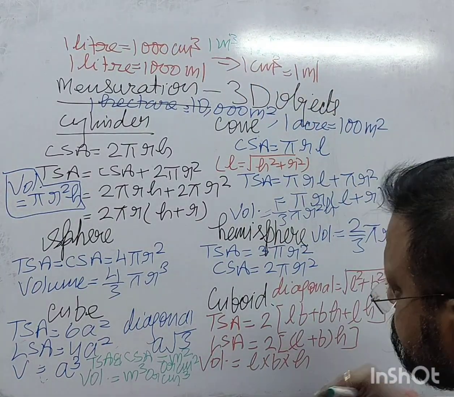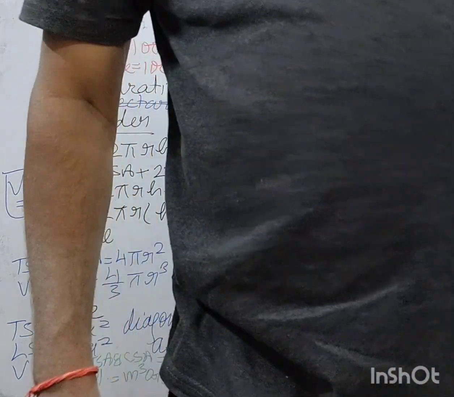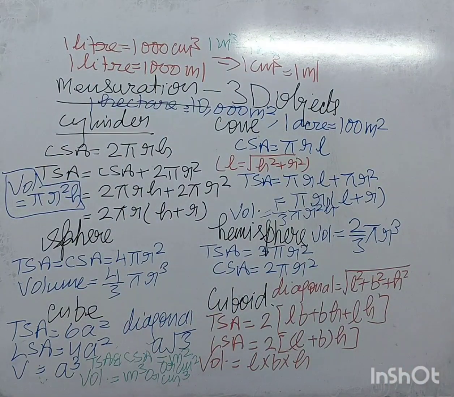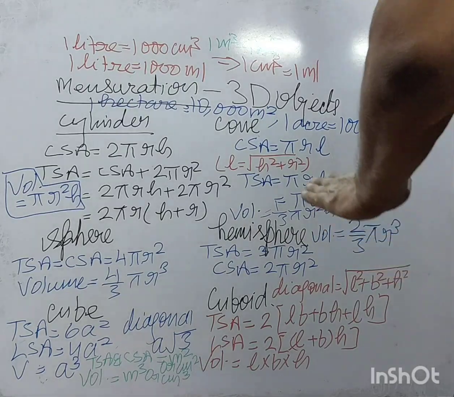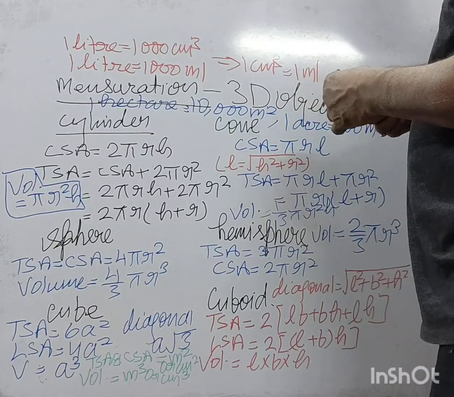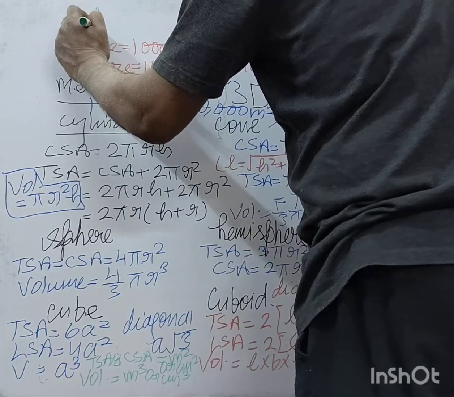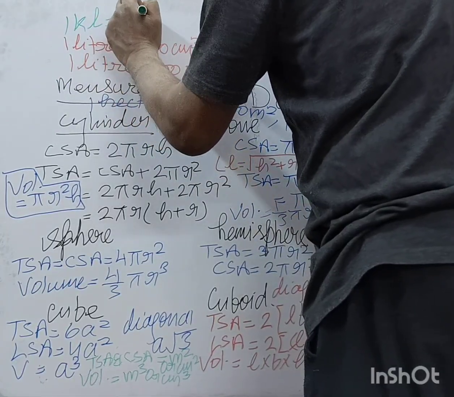These conversions and denominations you have to keep in mind when you are solving questions related to mensuration, right? Do you understand? I hope you understand better. One kiloliter is equal to 1 meter cube.